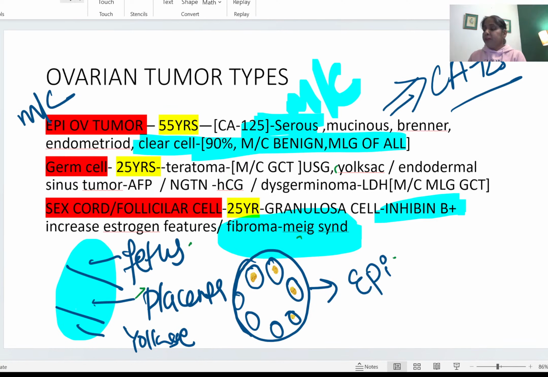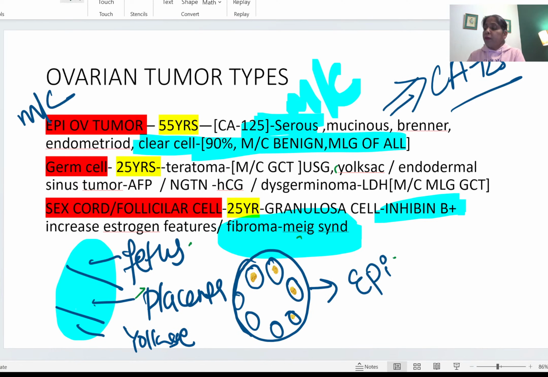Now when we see this patient clinically, we think that this patient is very sick, because the patient is having ascites and pleural effusion, right? But if we simply remove the tumor, everything is cured. Because this tumor is very large, it means that it is benign. The larger the tumor, the more likely it is benign.